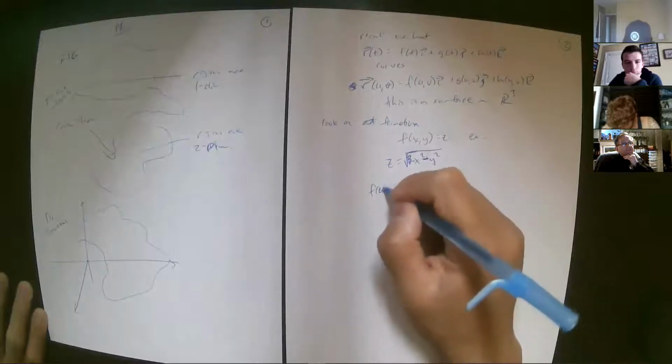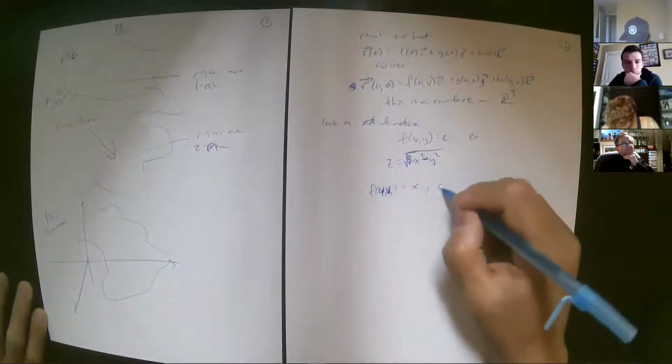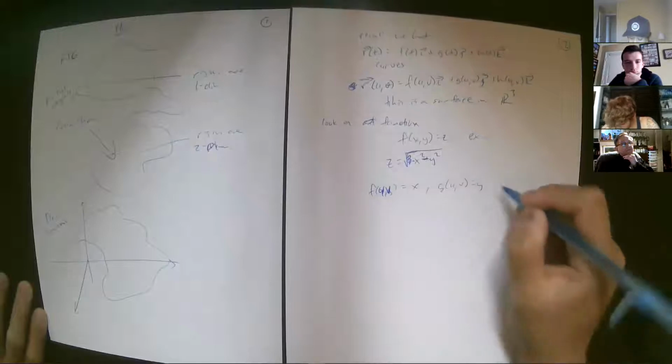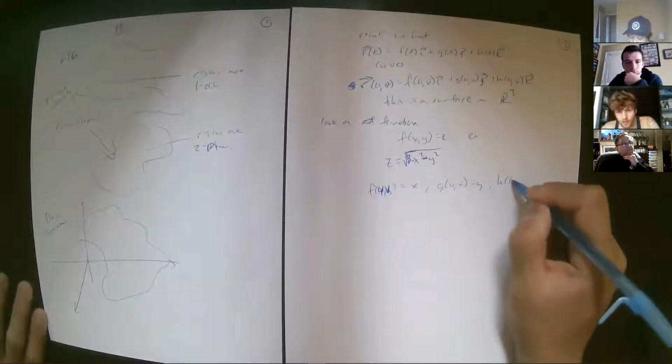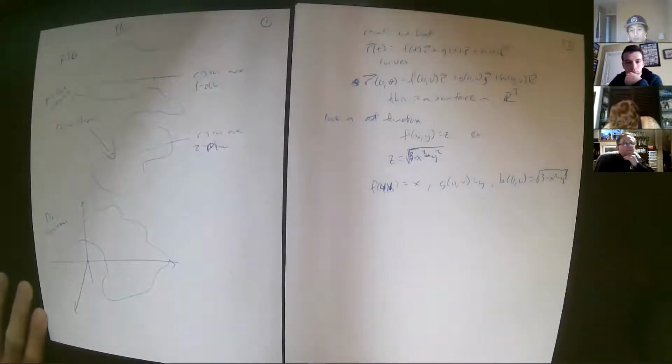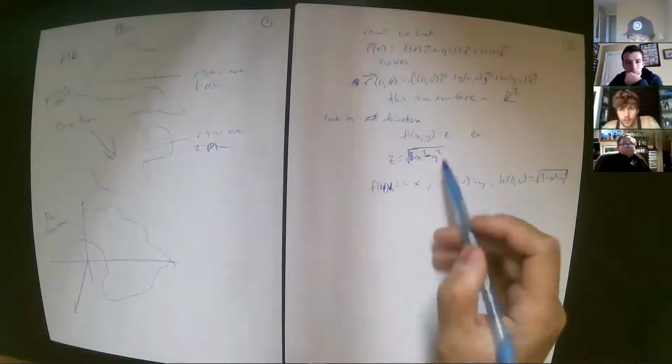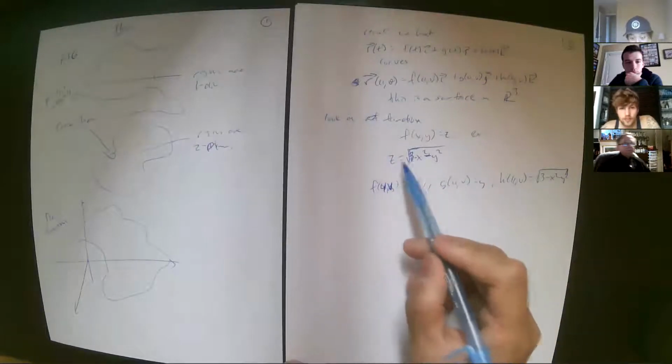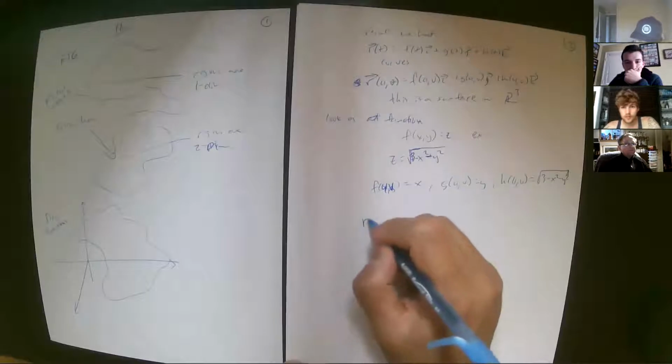I'll make this u, sorry, and v. G of u, v is equal to y, and h of u, v is 3 minus x squared minus y squared. So then I can parameterize this surface just like this.